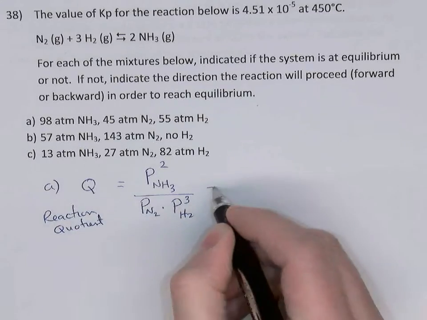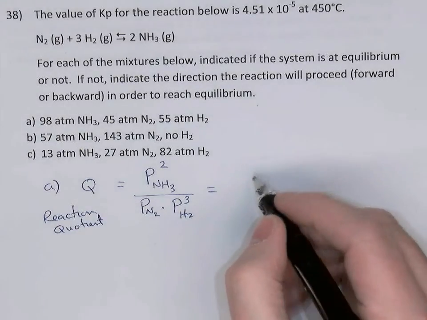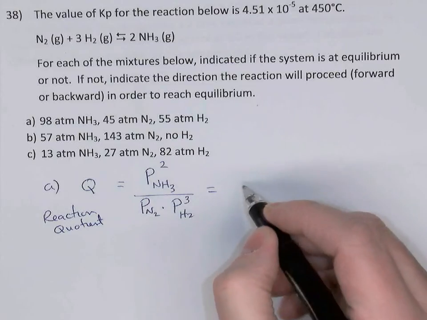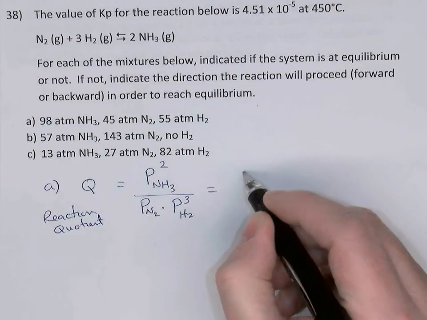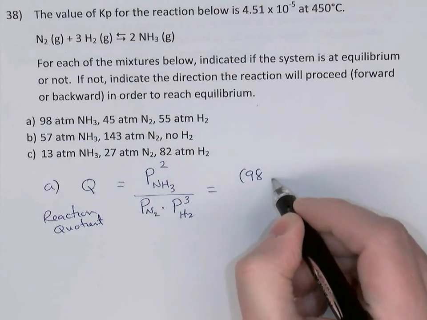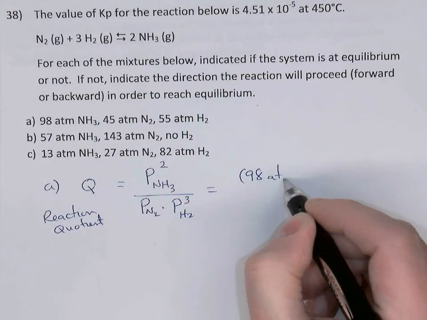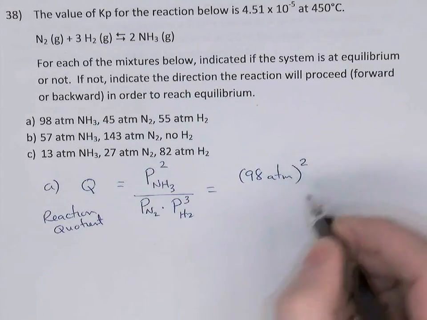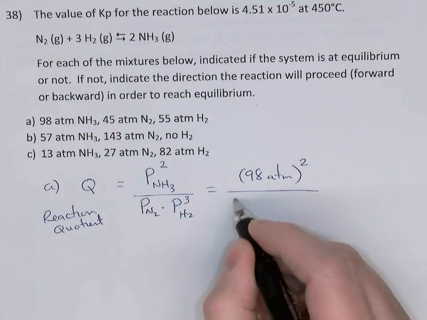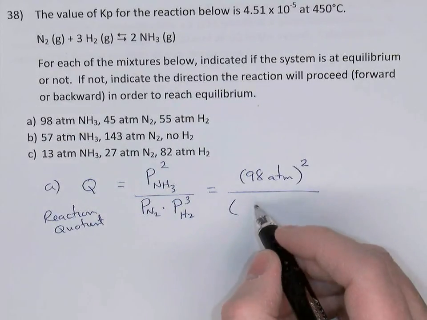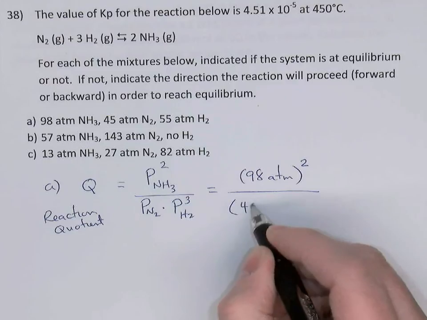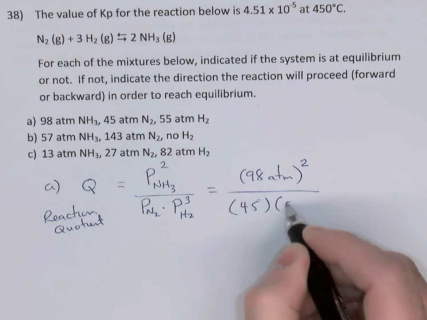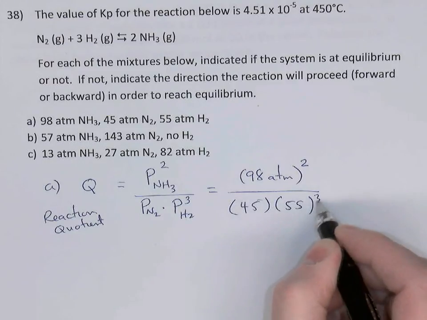Now let's calculate it. So for part A, the pressure of the ammonia is 98 atmospheres, and we're supposed to use atmospheres when calculating Kp, so that's good. We don't have to convert units. So 98 squared divided by, and now I'll leave out the units here because I'll be lazy, 45 times 55 cubed.